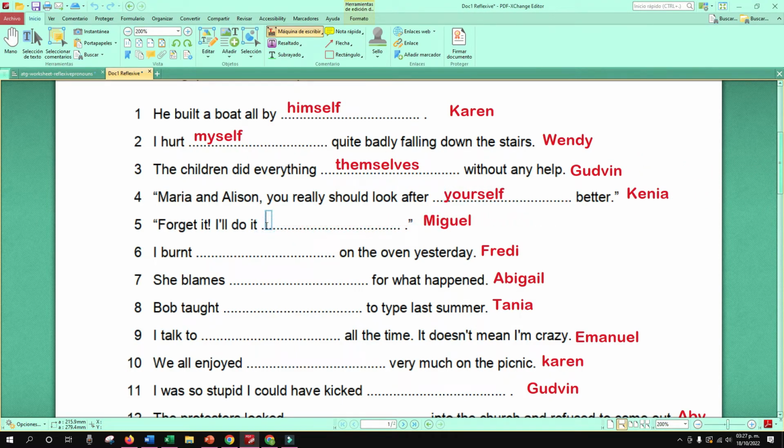What about 5, Mr. Miguel Cuellar? Forget it. I guess, yes. Yes, Mr. Miguel. So, forget it. Myself. Excellent. Good. Forget it. I do it myself.